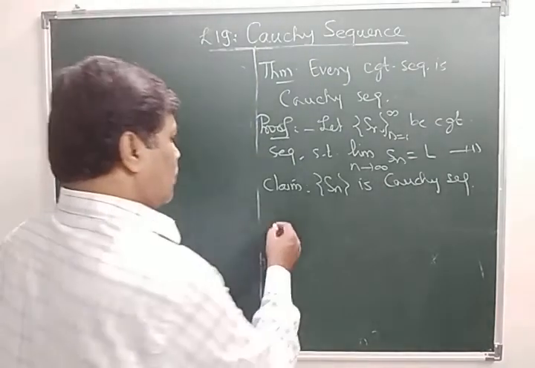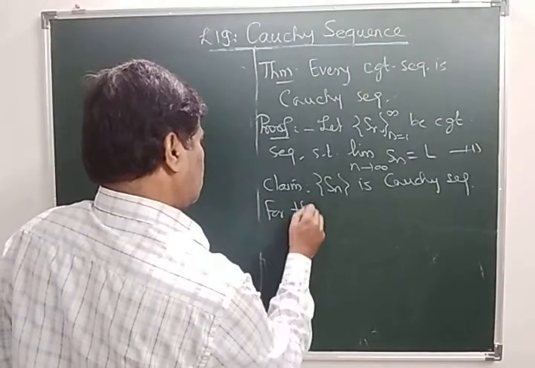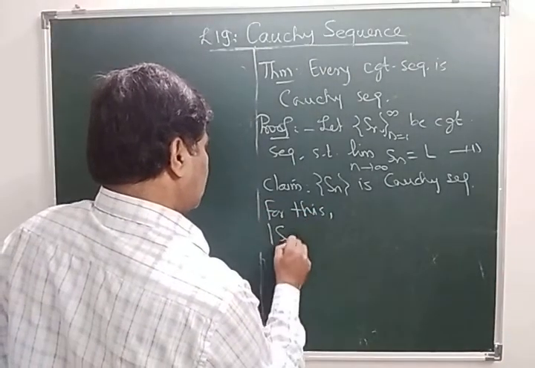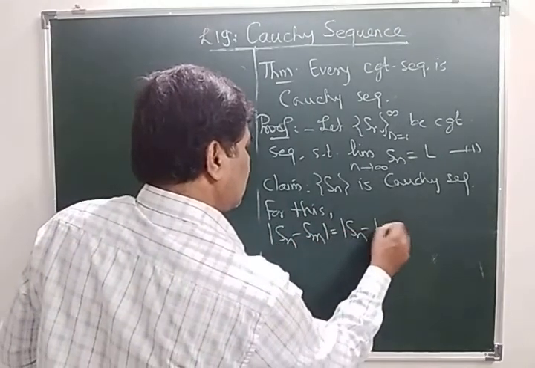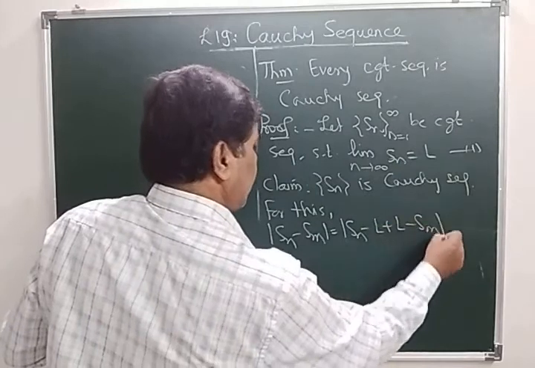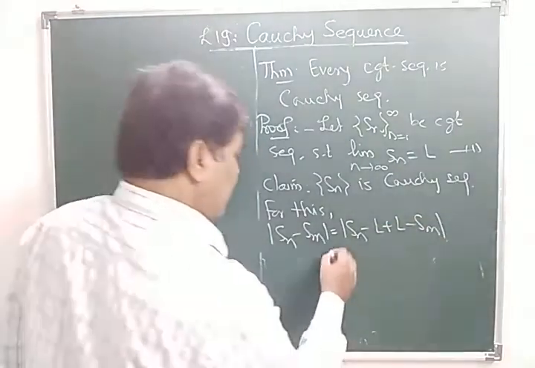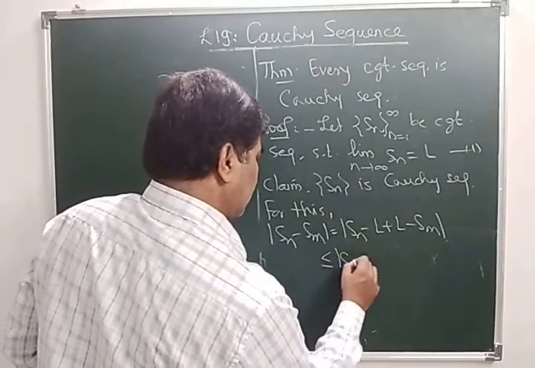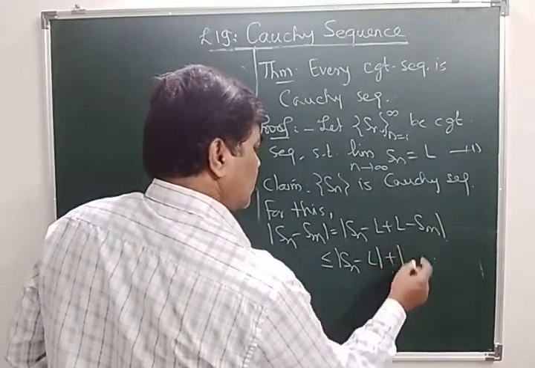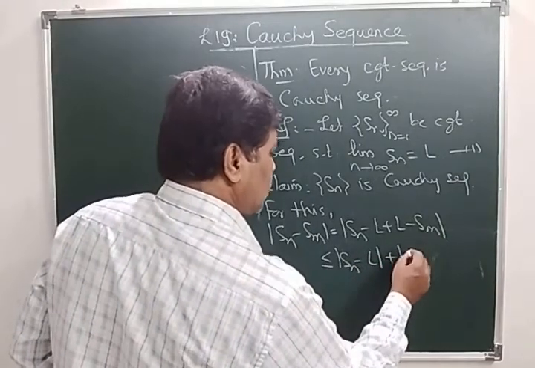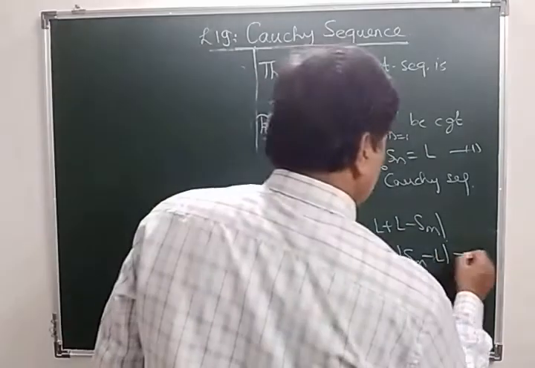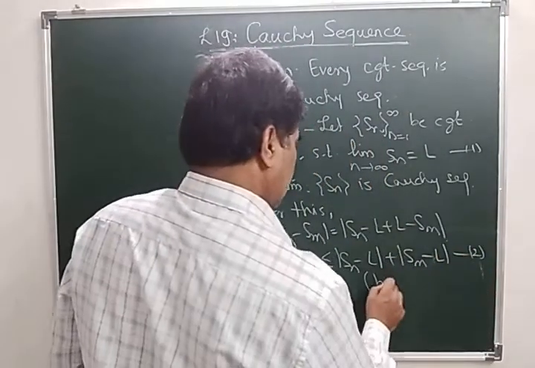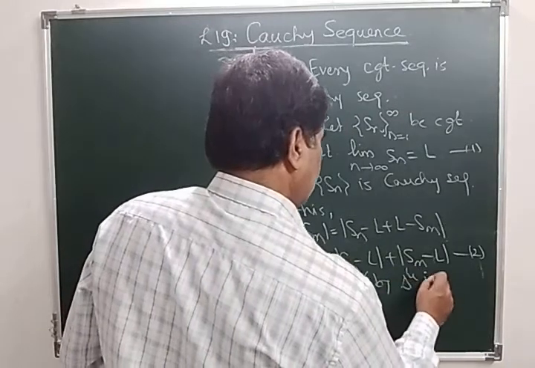So for this, mod Sn minus Sm is the same as mod of Sn minus L plus L minus Sm. But by triangle inequality, this is less than or equal to mod Sn minus L plus mod of L minus Sm, which is the same as mod of Sm minus L, by triangle inequality.